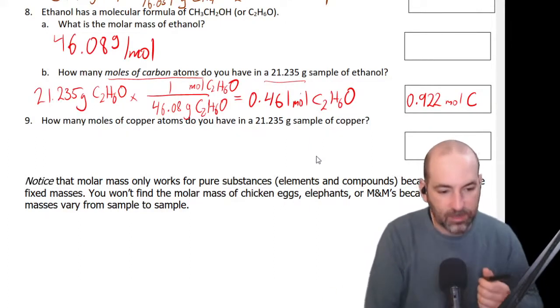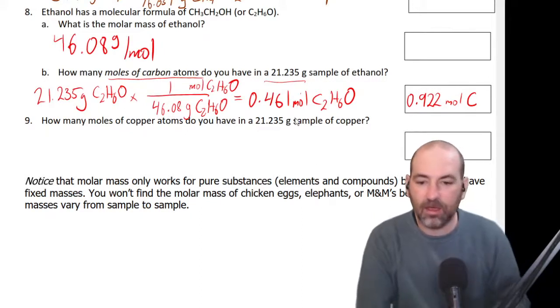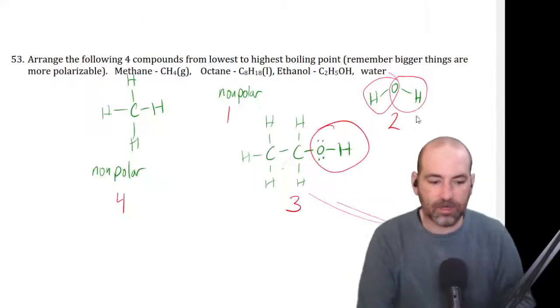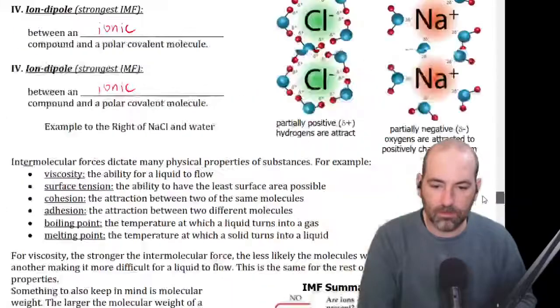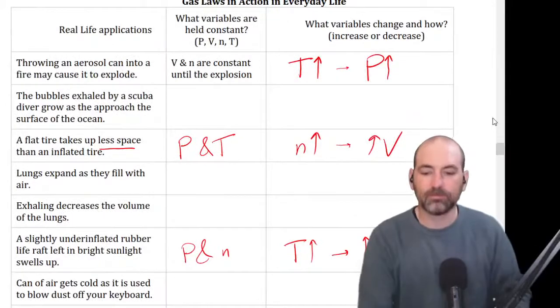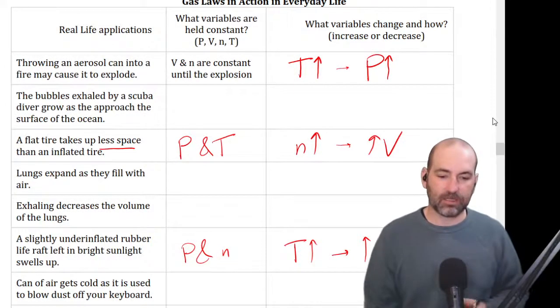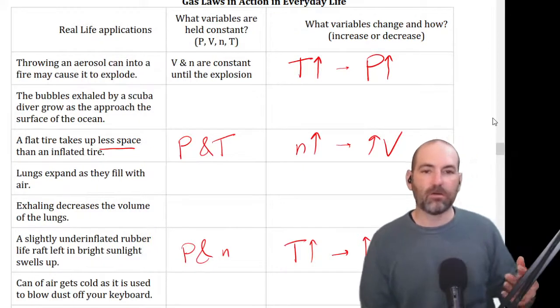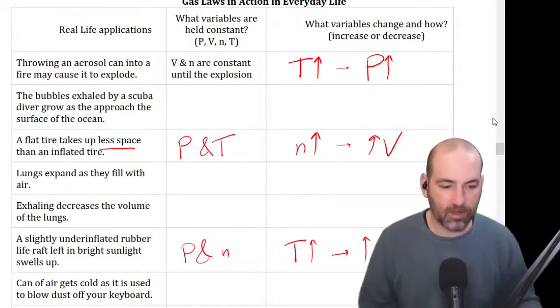Oh, and I missed a question earlier. I just noticed now. Variables held constant for pressure, temperature. So talking about gases, let's go back to that table here. When we deal with gases, we can think about all those different variables: pressure, temperature, number of moles, and volume.